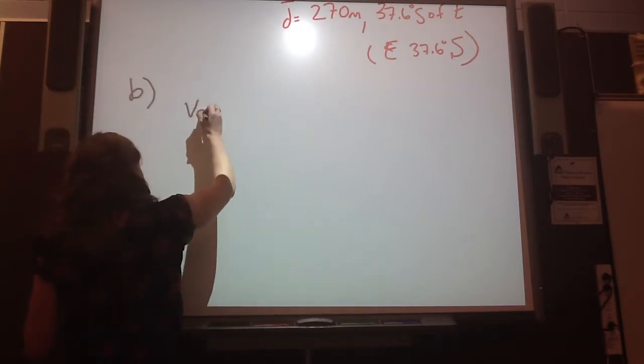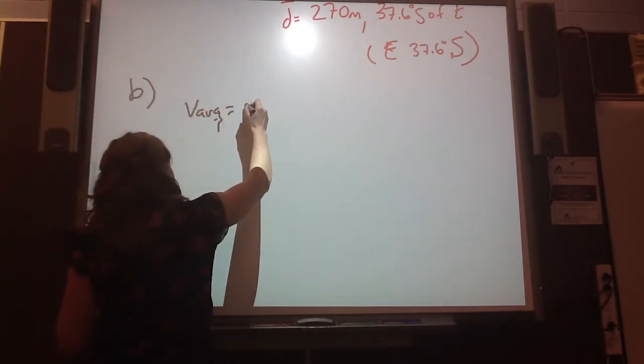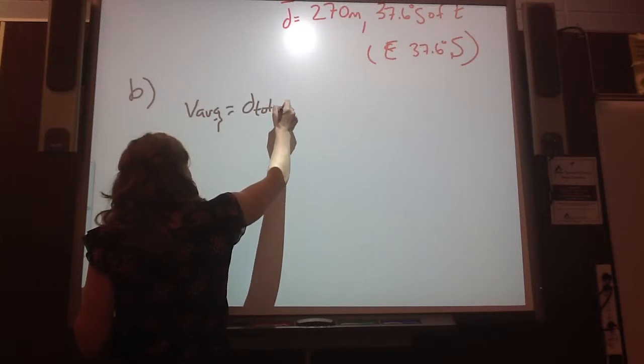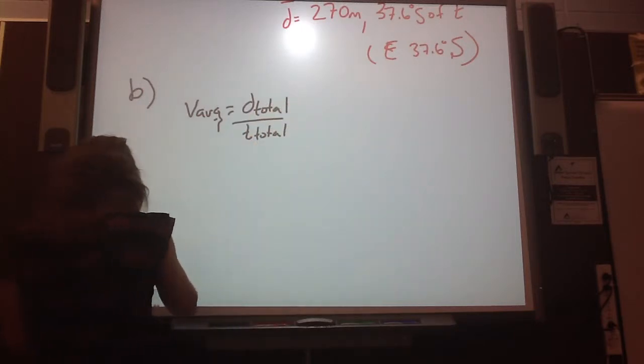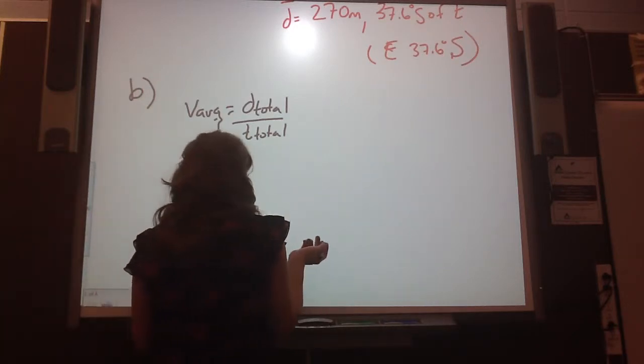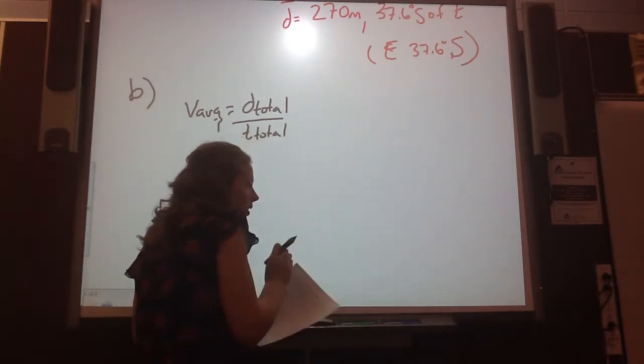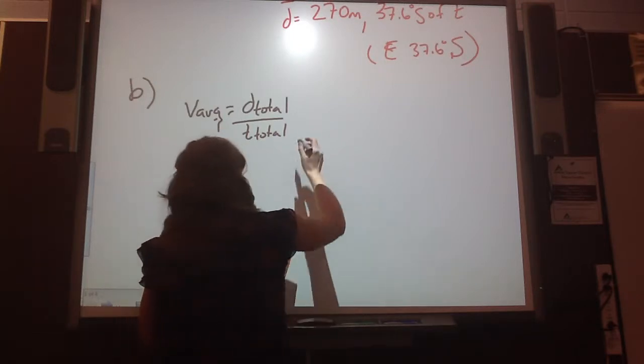So I know my V average is equal to D total over T total. So I just add up the actual distance I went. This is not displacement, this is distance.